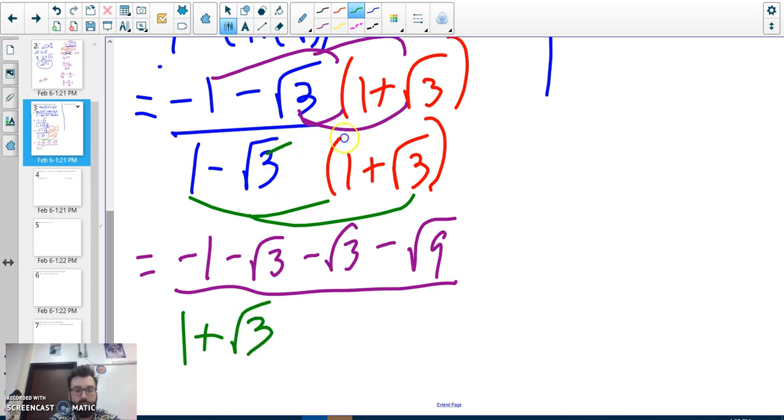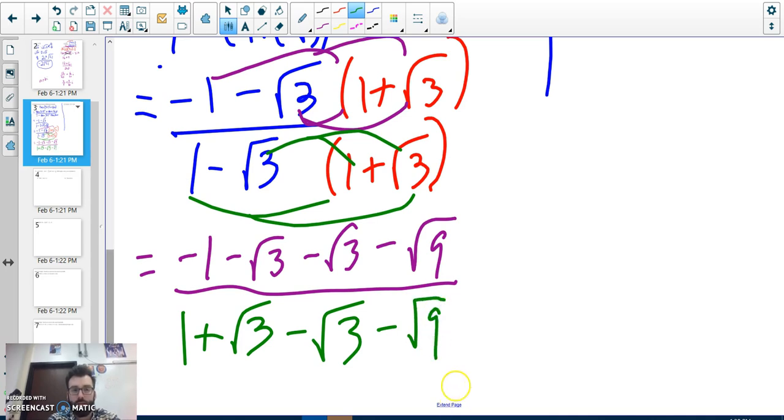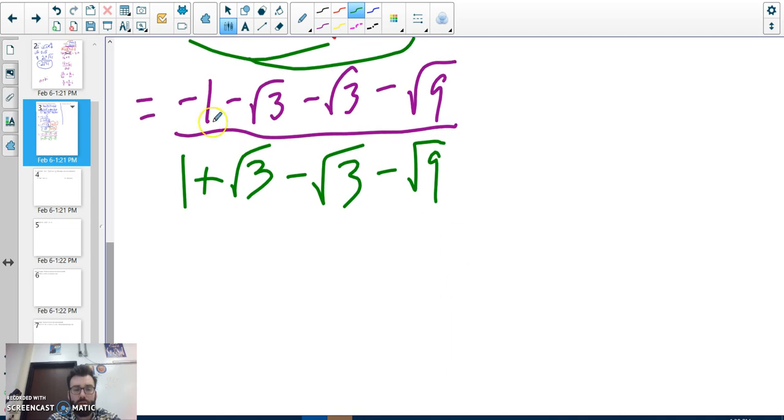Plus root 3 minus root 3 minus root 9. I know that this is 3, and this becomes 3 as well. The positive root 3 and negative root 3 are going to cancel. I know that 1 minus root 3 is going to give me negative 2 downstairs in my denominator.